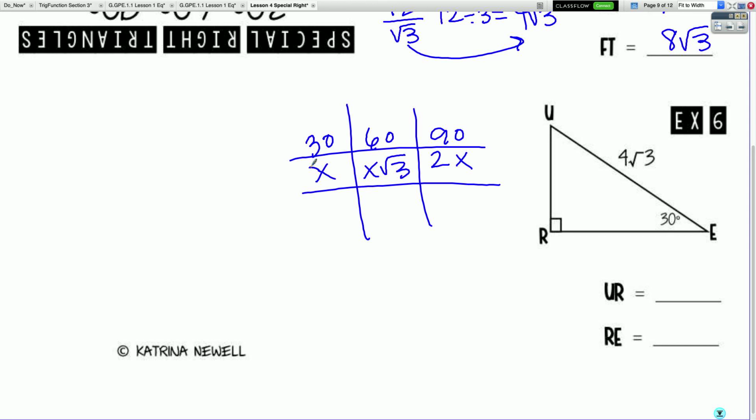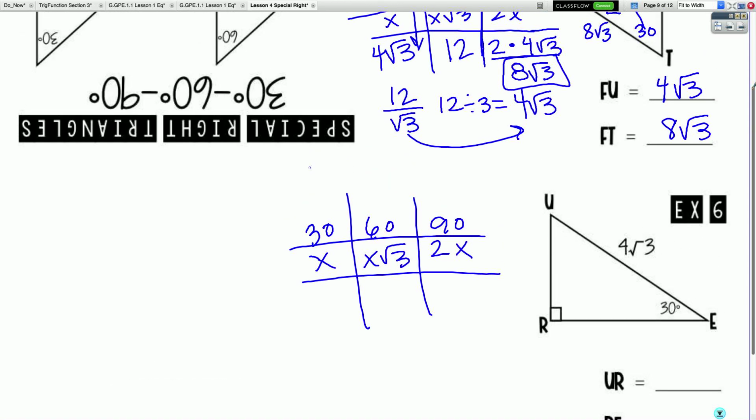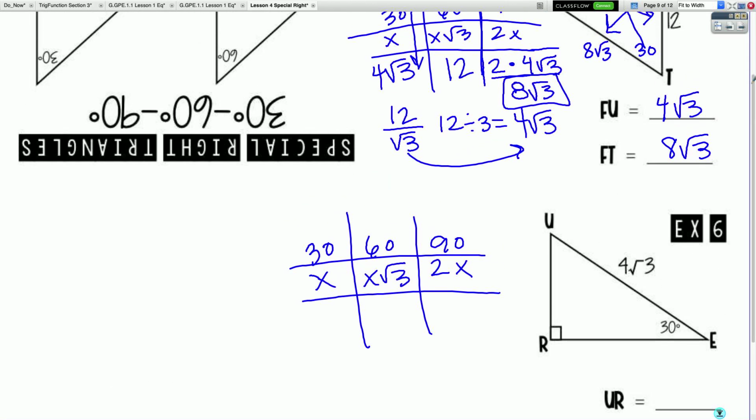You guys can do this. The setup is always the same, but then it's just figuring out what do I do to work backward. I think it helps if you write out the x there.